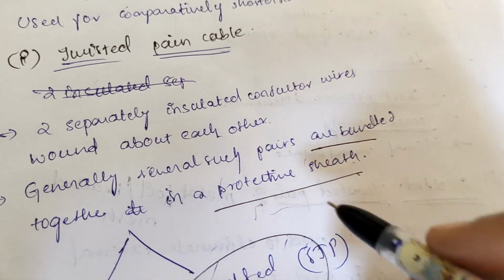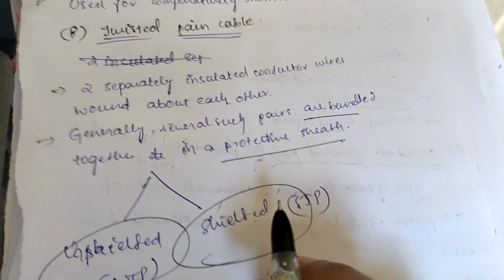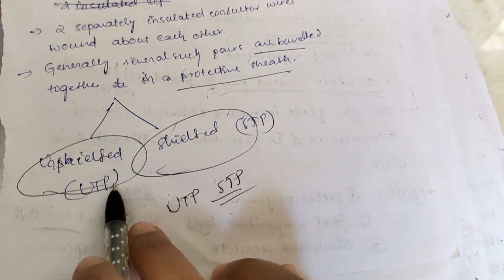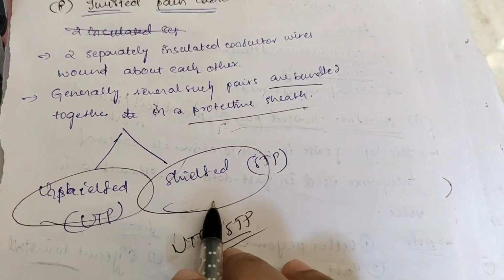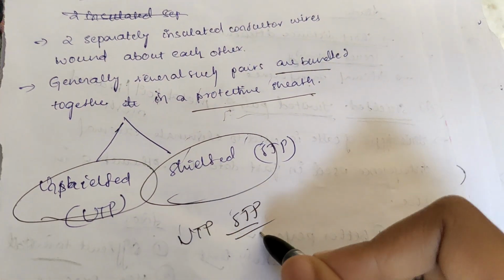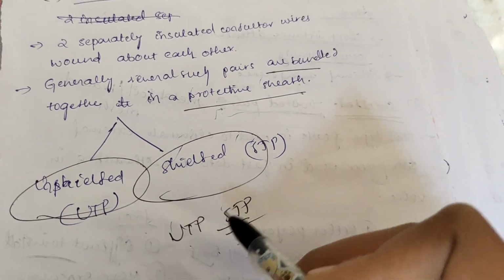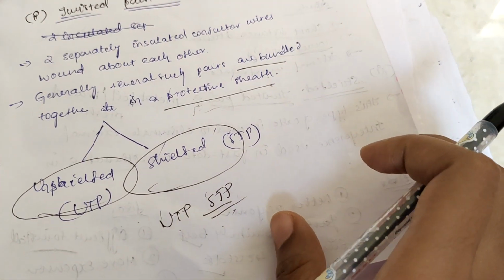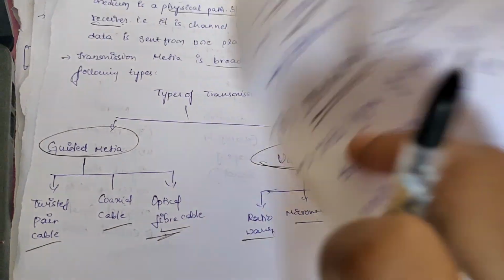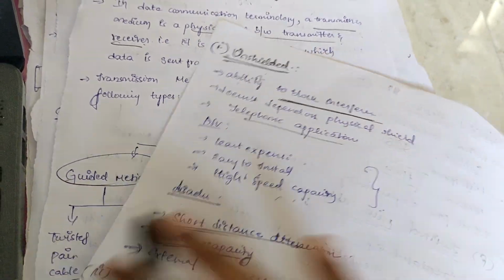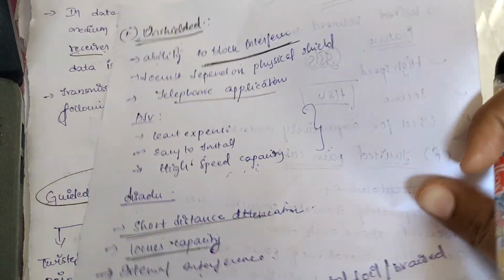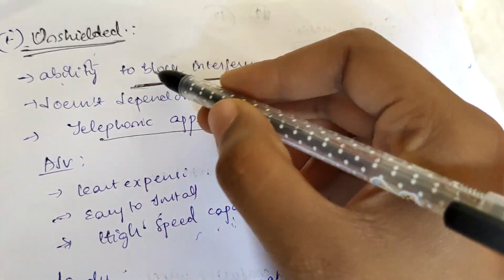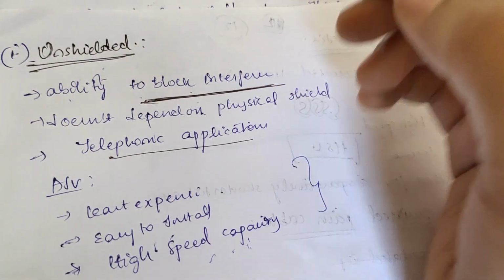In order to protect these wires, in the twisted pair cable we again have two types: unshielded and shielded. These are called UTP and STP, that is unshielded twisted pair and shielded twisted pair. As the name suggests, you can see here. What is interference?